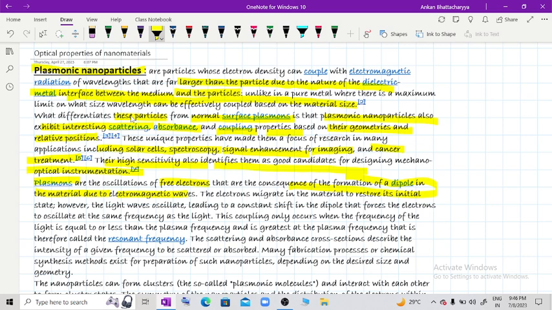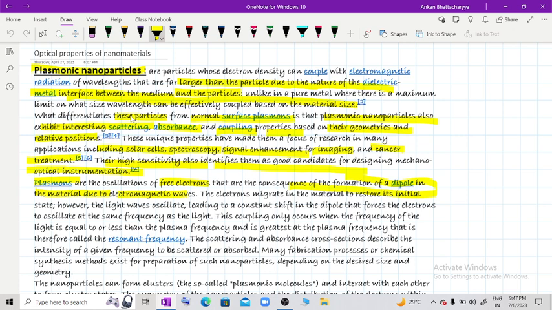If the charged particles oscillate at a frequency greater than the plasma frequency, then electromagnetic wave propagation is possible. If the frequency is less than the plasma frequency, the wave cannot penetrate the material but decays, because the damping is present as the propagation vector becomes complex or imaginary in nature.